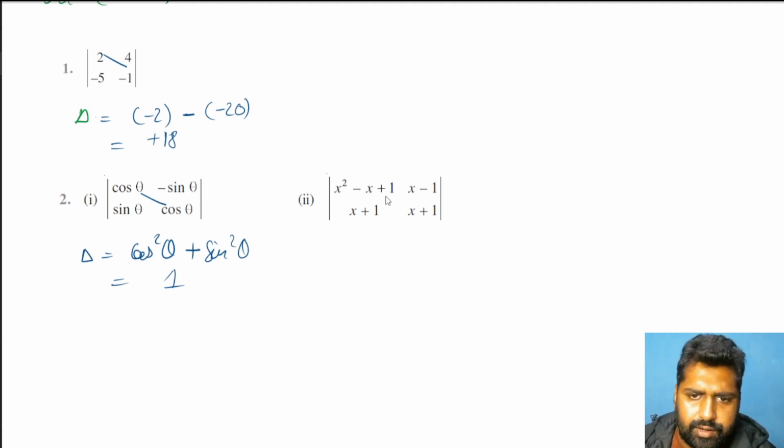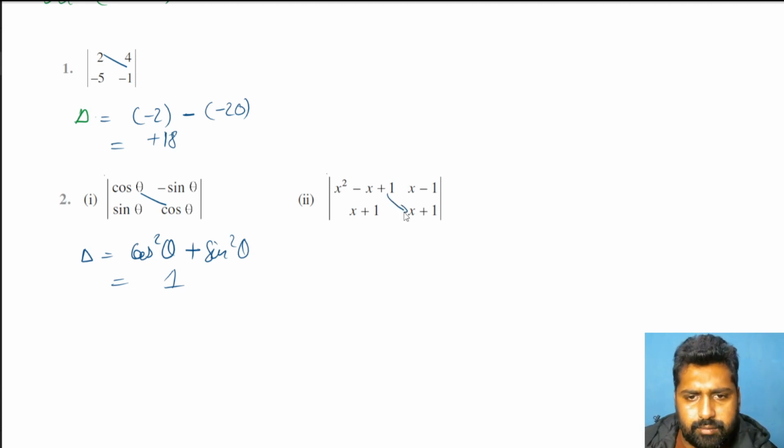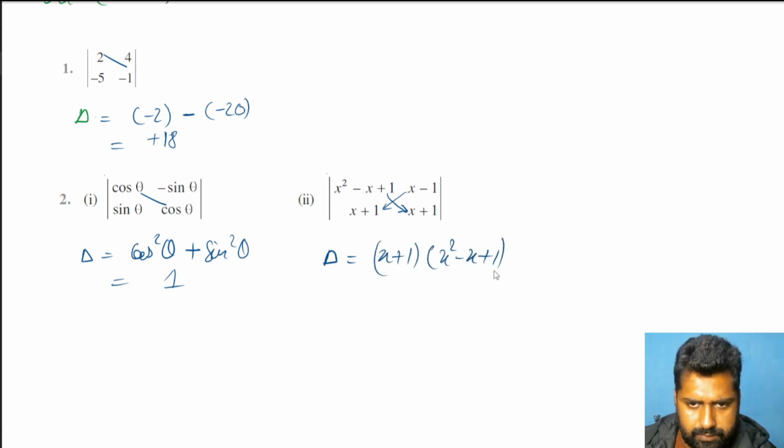For this one again you have to multiply, but you can see this expression is complicated. So we'll not directly multiply this. What I can see here is a property. In order to get the delta, I have to multiply x plus 1 into x square minus x plus 1, minus x plus 1 into x minus 1.